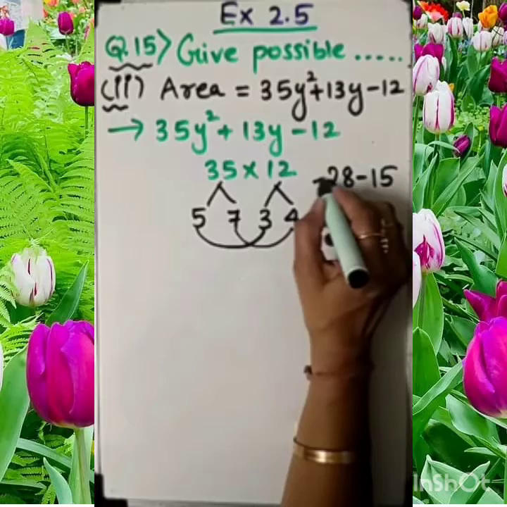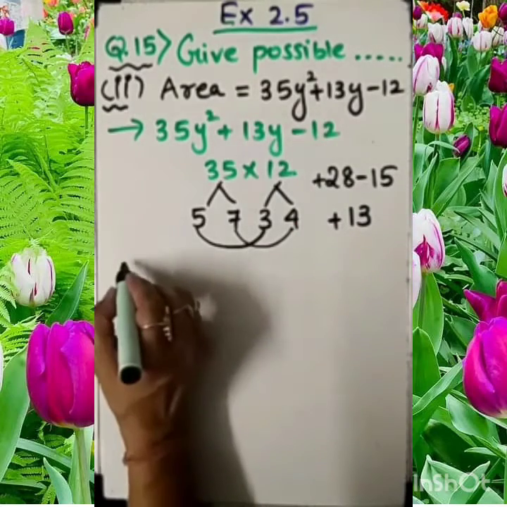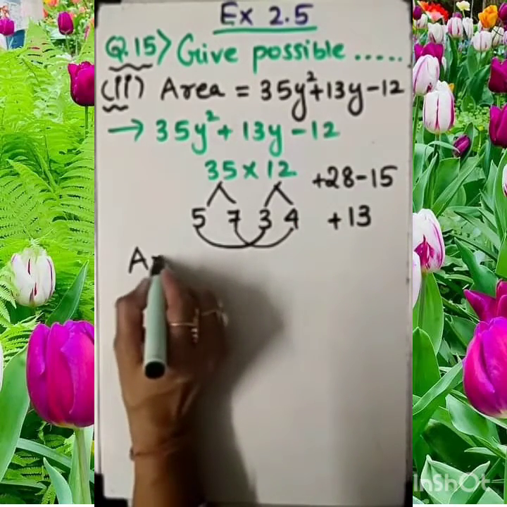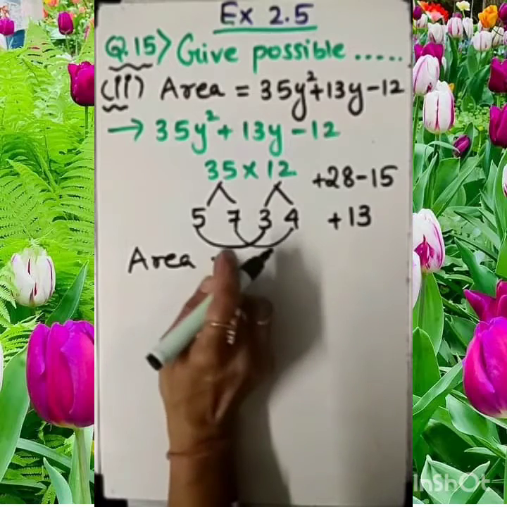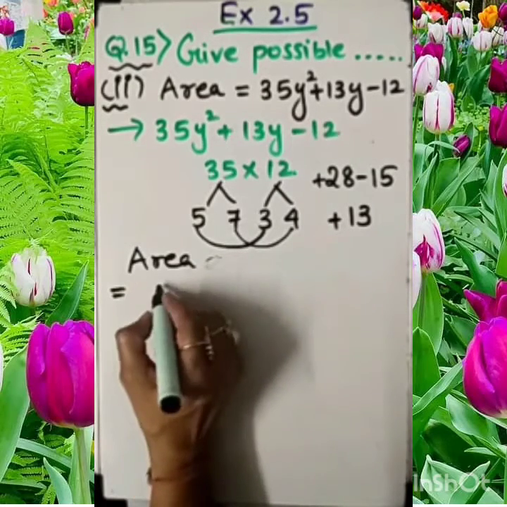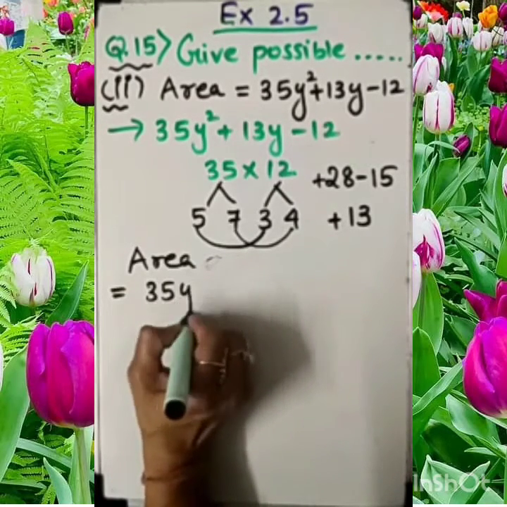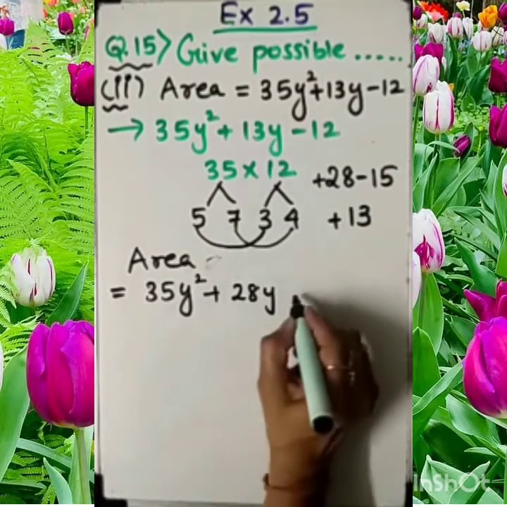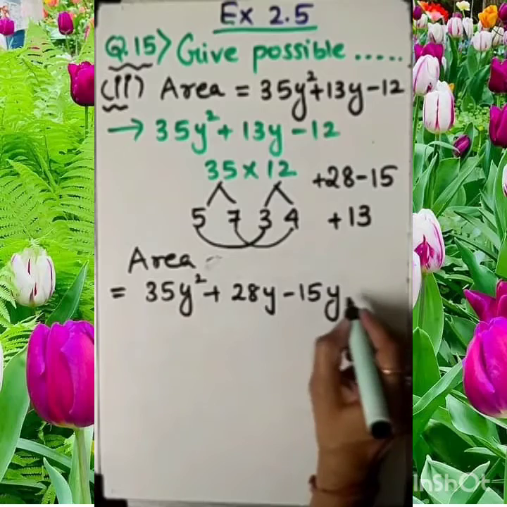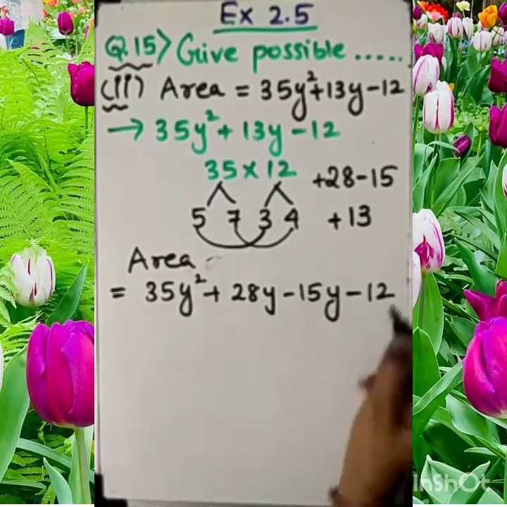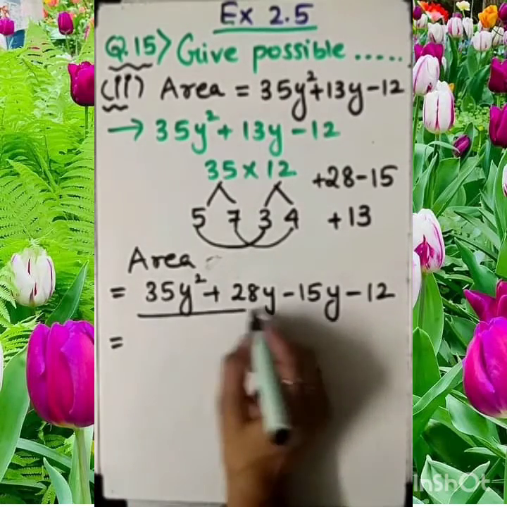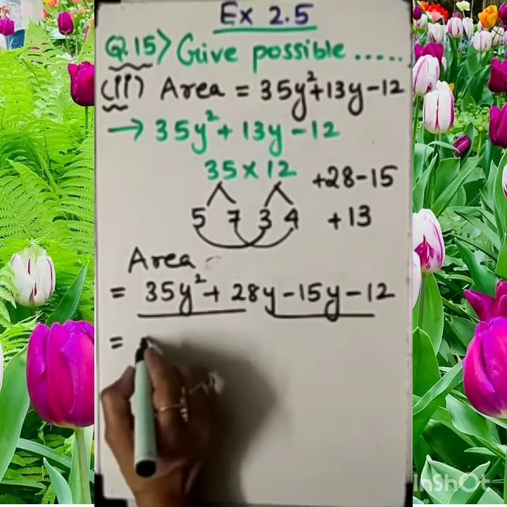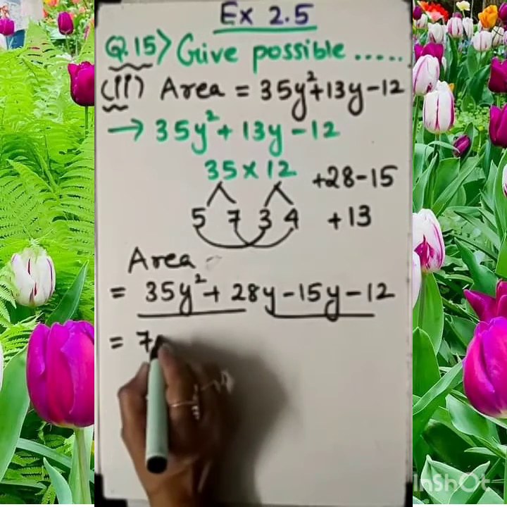Fine. So dear student, this way we need to mention area equal to 35y square plus 28y minus 15y minus 12. So let's make a pair. If we make a pair from these two, of course 7y is common.